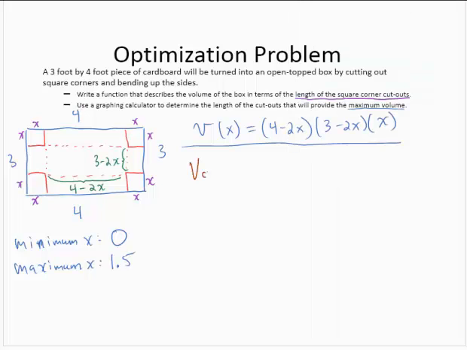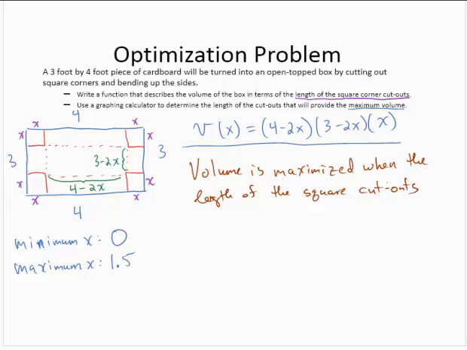So the volume is maximized when the length of the square cutouts is 0.57 inches. Let me just double check that.